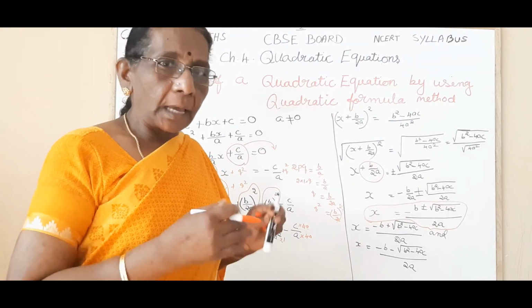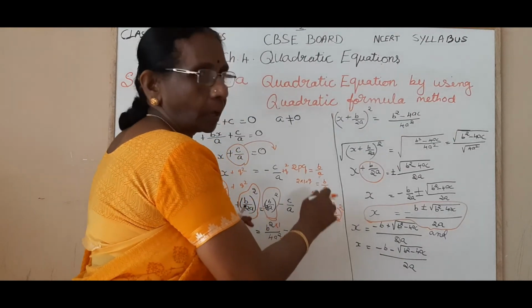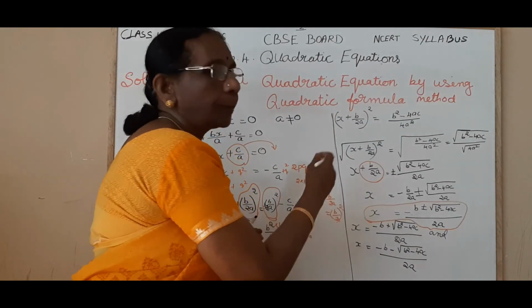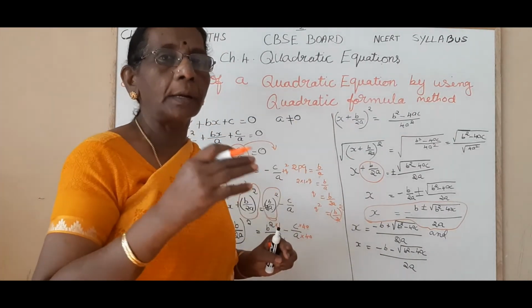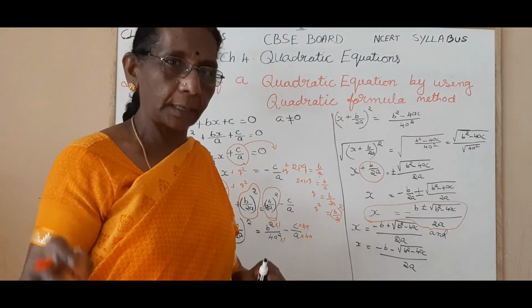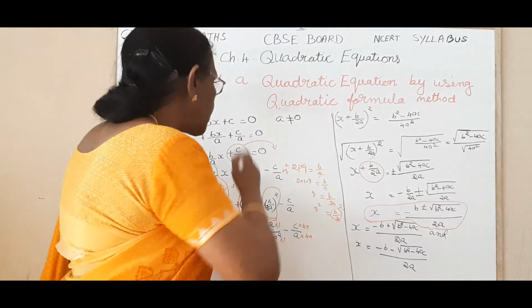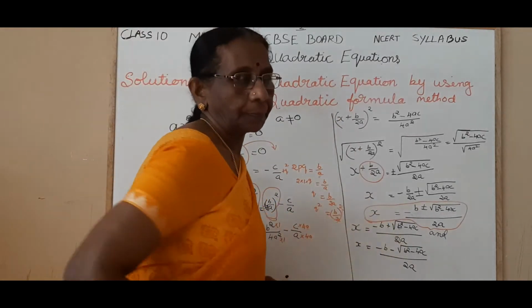Have you understood? That's why we can apply this for finding the solutions of a quadratic equation in the form ax squared plus bx plus c is equal to 0. Is it clear, children? So this is the way we are getting the formula.